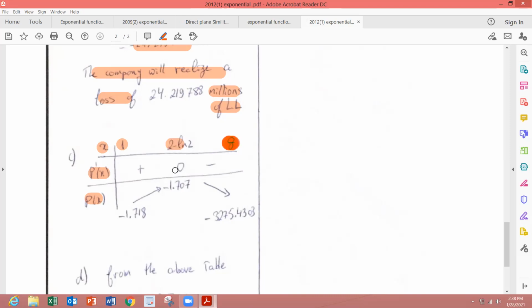We find the values. At 1 we get minus 1.718. At 2 minus ln 2 we get minus 1.707. At 8 we get minus 3.275. So it is important to know how to use your calculators. This is just on the calculator.